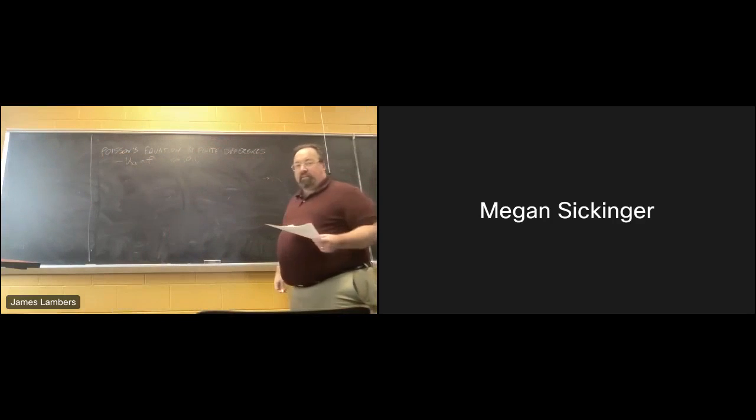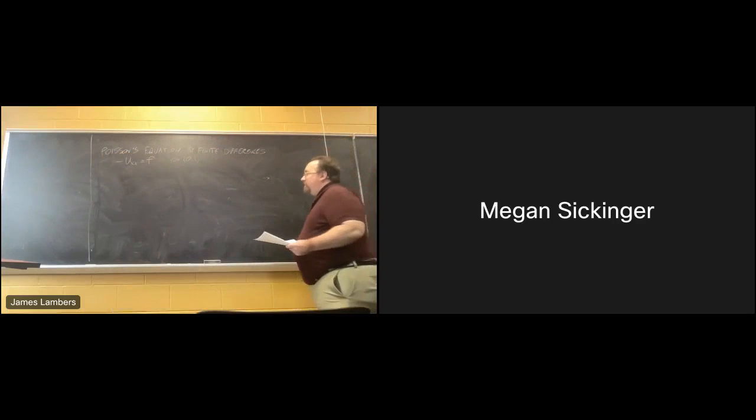All right, so the problem we're going to solve is minus u_xx is equal to f on a domain x going from 0 to 1. And I'm going to impose different types of boundary conditions.